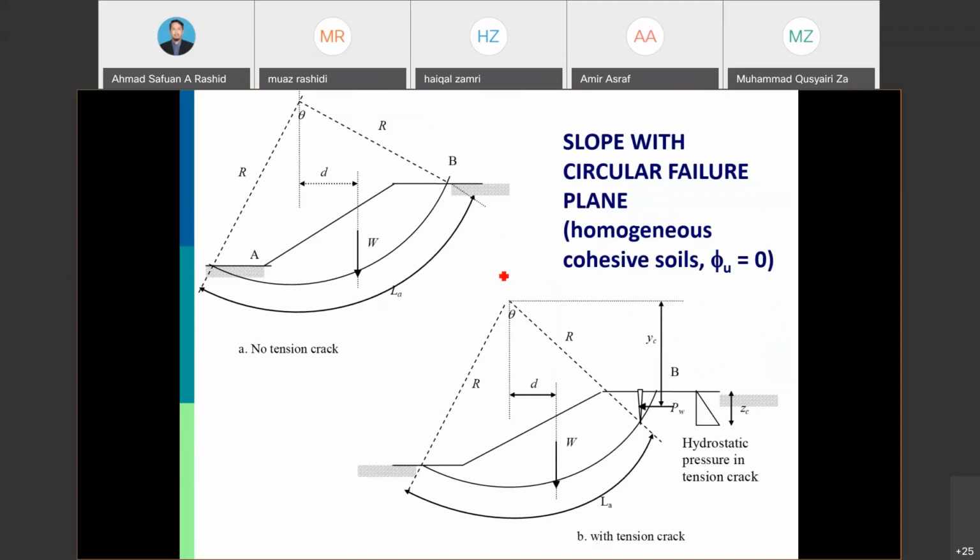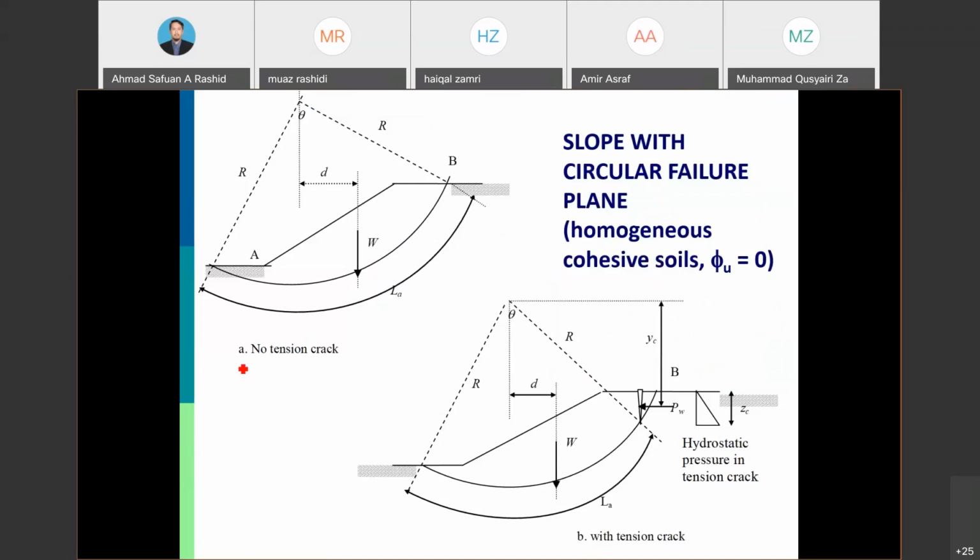It is only suitable for a homogeneous cohesive soil, or we can also use it for a non-homogeneous cohesive soil, which has several layers. For this total stress approach, we have two conditions.